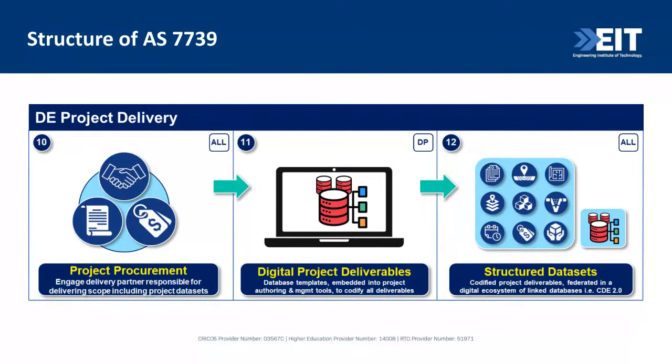And then handover, as one of the key deliverables to the client side, to the operator side, to the asset owner side, infrastructure managers, and then they use it as a CDE 2.0, a connected digital ecosystem that links all the databases together and also keeps it updated.